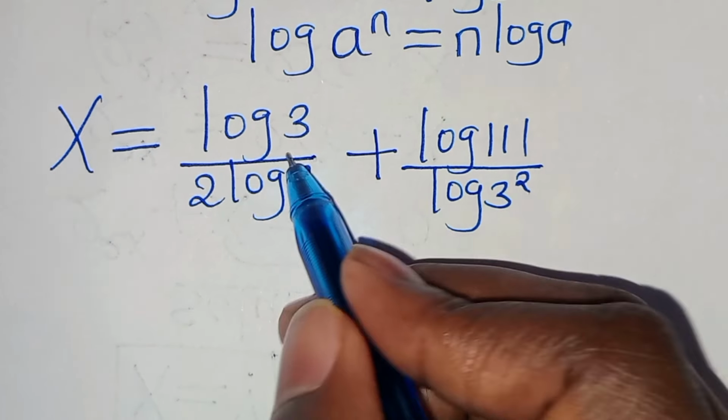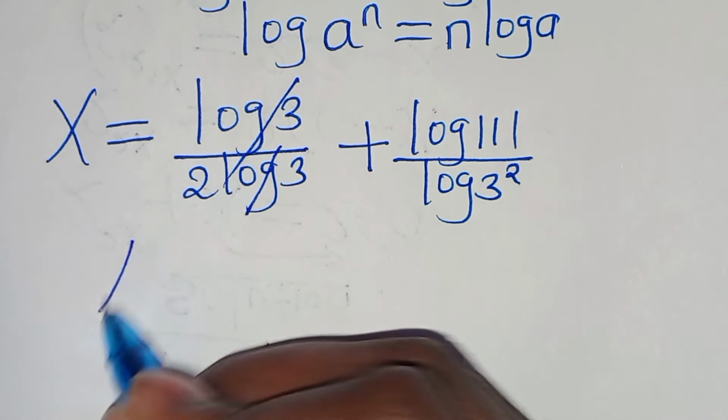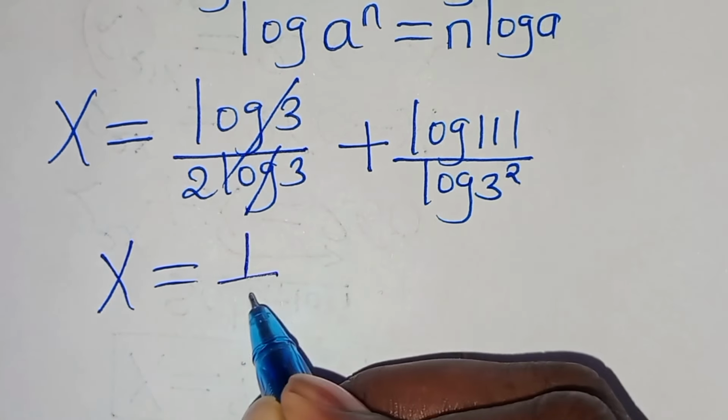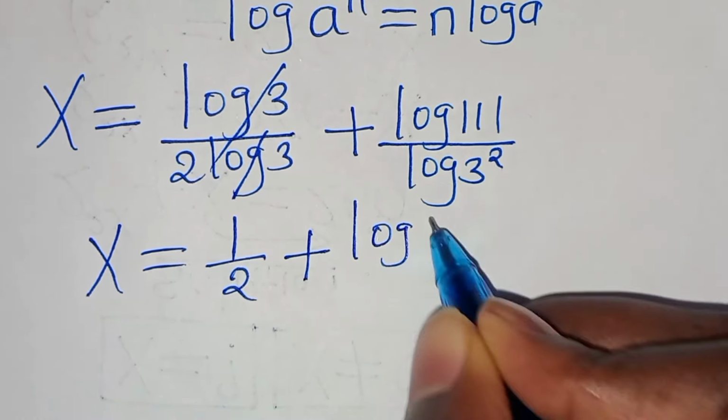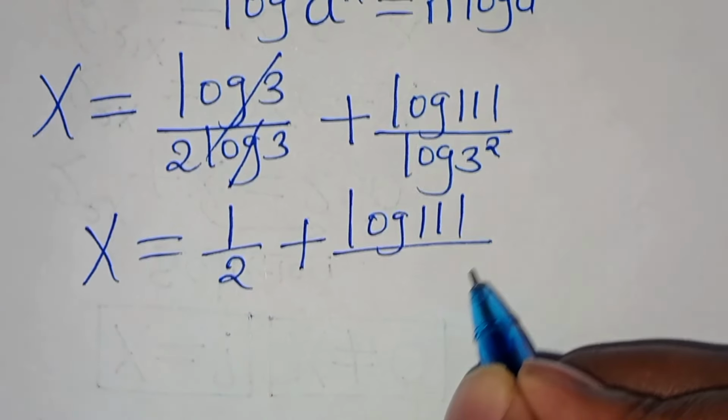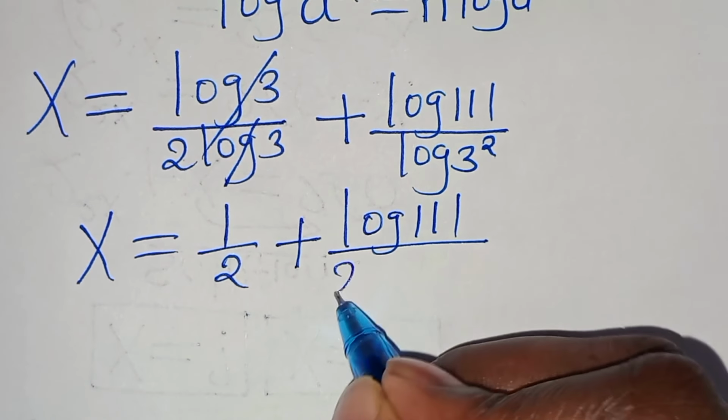Now here we simplify log 3 and log 3, so that now x is the same thing as half, plus log 111 over 2 log 3.